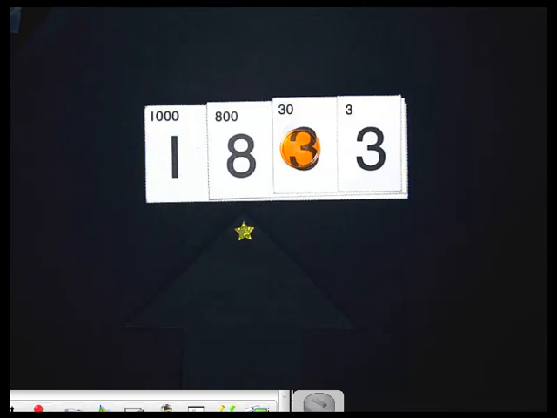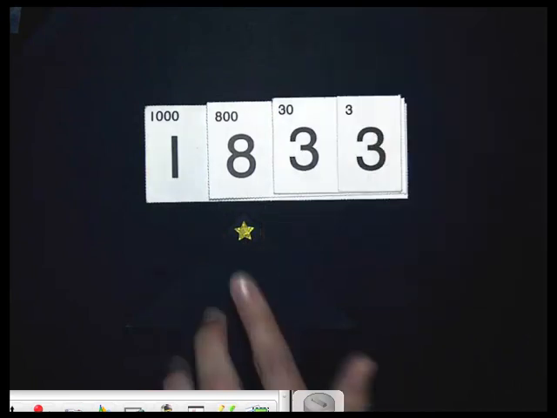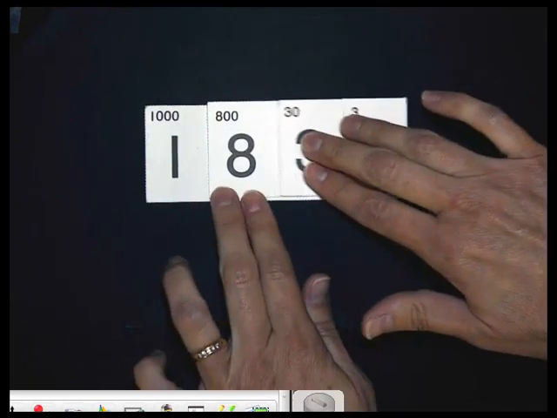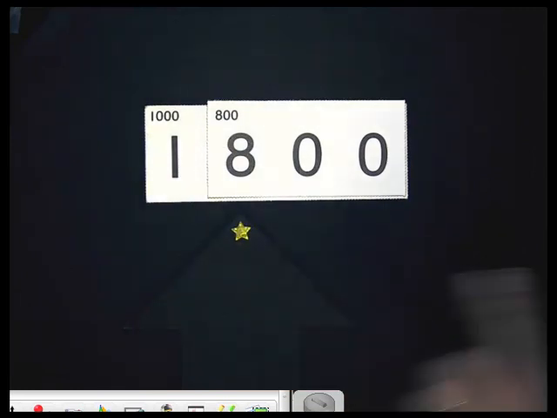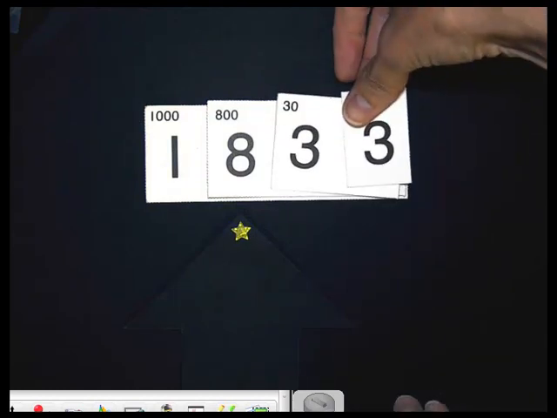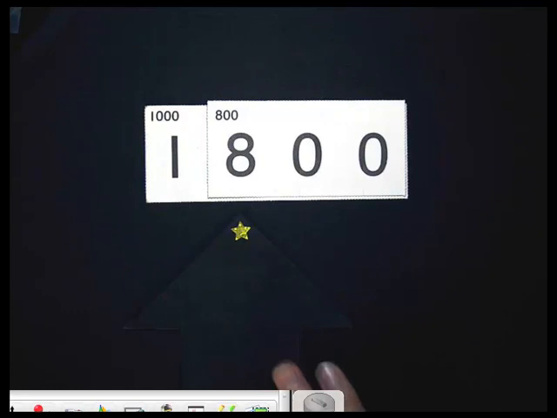It falls on that side, 0, 1, 2, 3, 4. That means that my 8 is going to stay the same. Now, watch what happens to the rest of the numbers when you round. They become zeros. So when I round 1,833 to the nearest hundreds place, I'm left with 1,800.